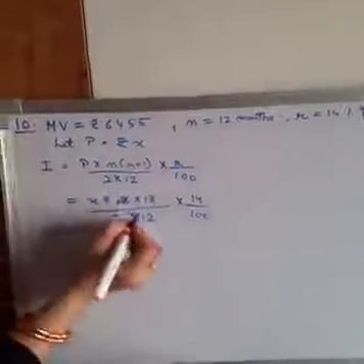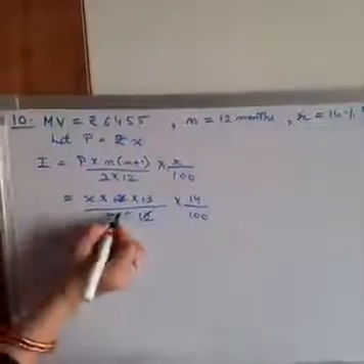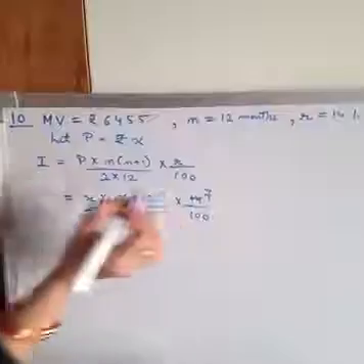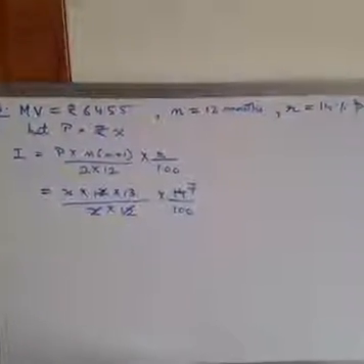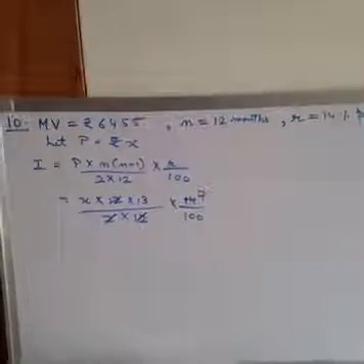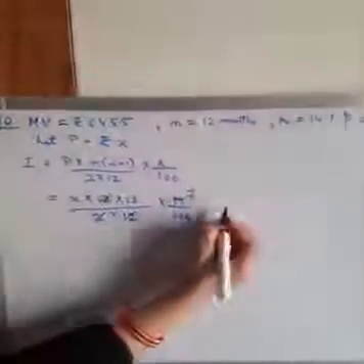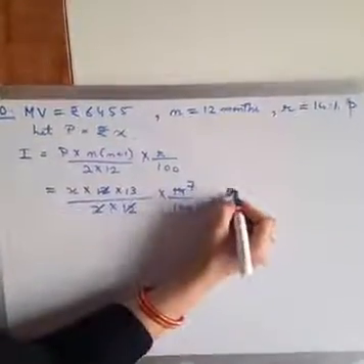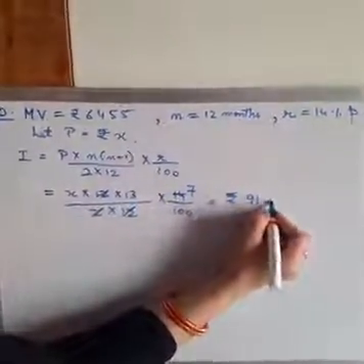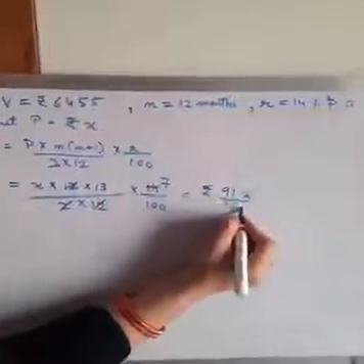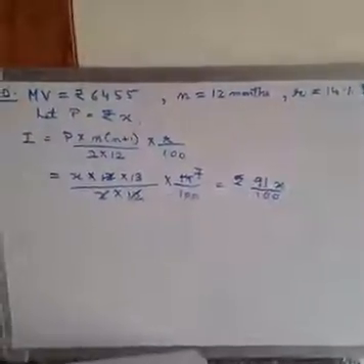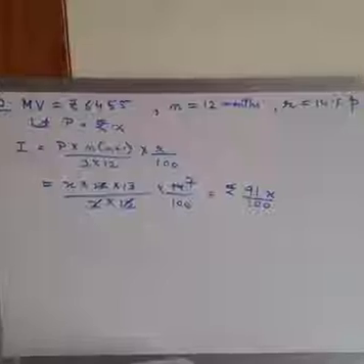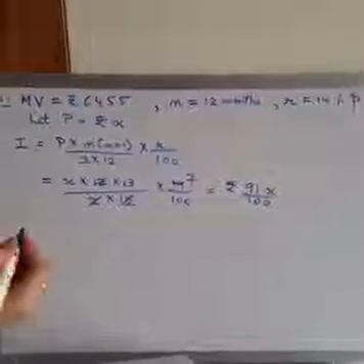So obviously 12 is cancelled, 2 will cancel it 7 times. Then we'll have 13 into 7, 91. So that means this will be equal to rupees 91x by 100. So this is the value of interest, that is I, in terms of x.